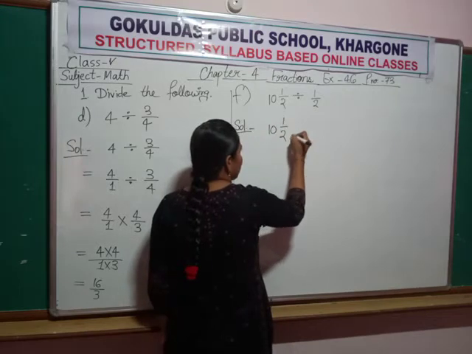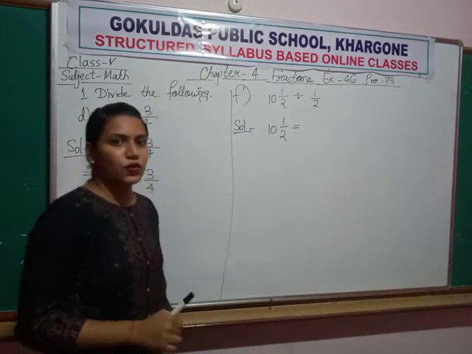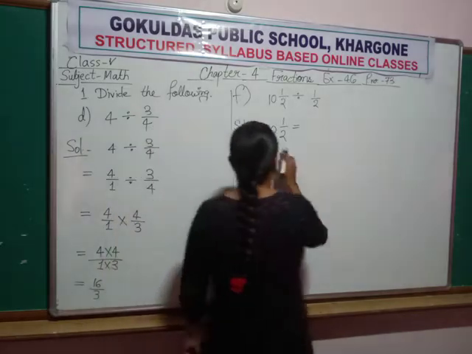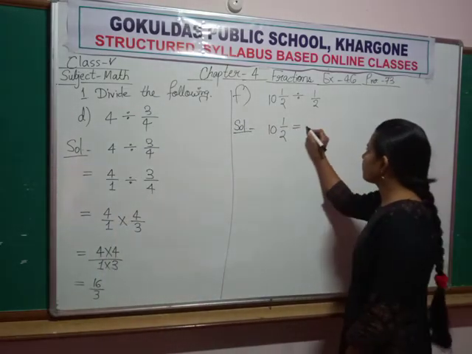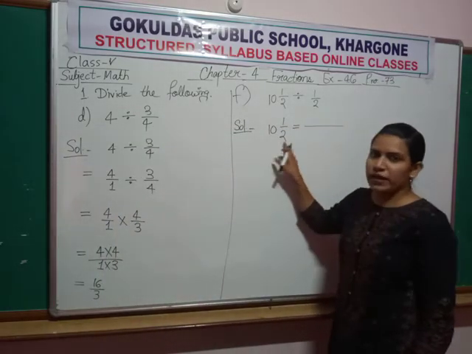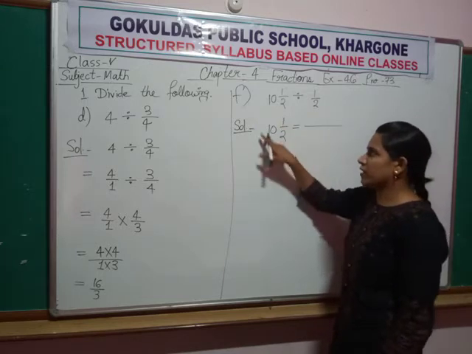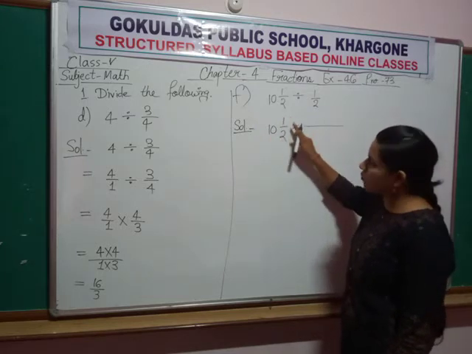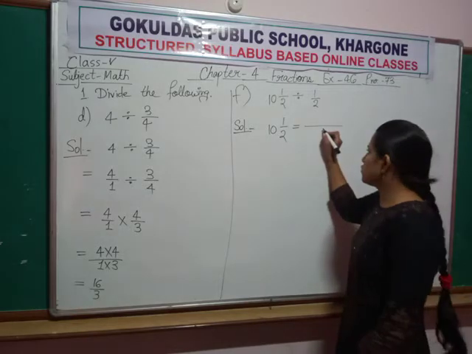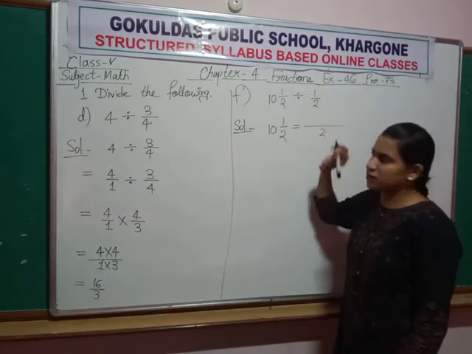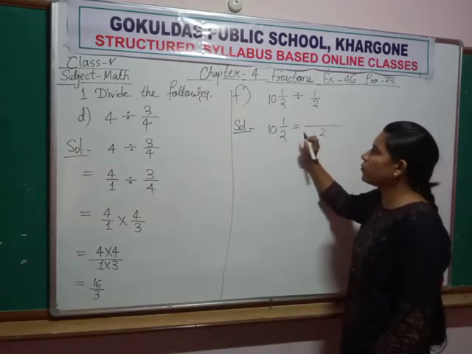10 and 1 upon 2. How we convert? You know it. How we convert mixed fraction into improper fraction? We write denominator at the place of denominator. In this, 10 is a whole number, 1 is a numerator, 2 is a denominator. So we write denominator as it is. In numerator part, what we do?